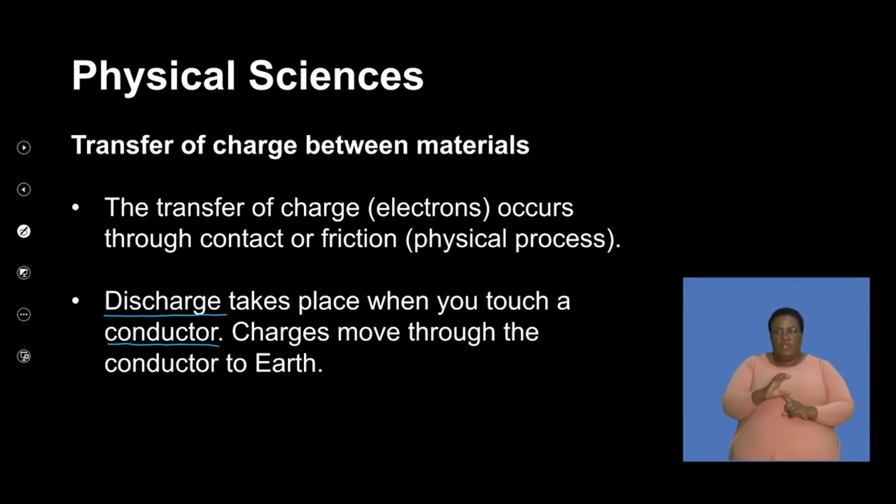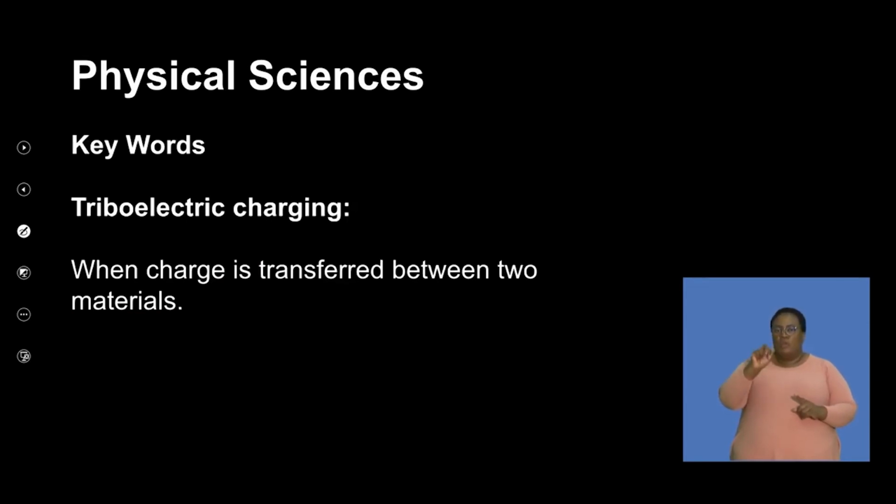So these charges move through the conductor to the earth. This is what is called discharging, or in other words, the earthing. Right. So we've also referred to this term triboelectric charging. This is what happens when charge is transferred between two materials, and these materials are usually your insulators.